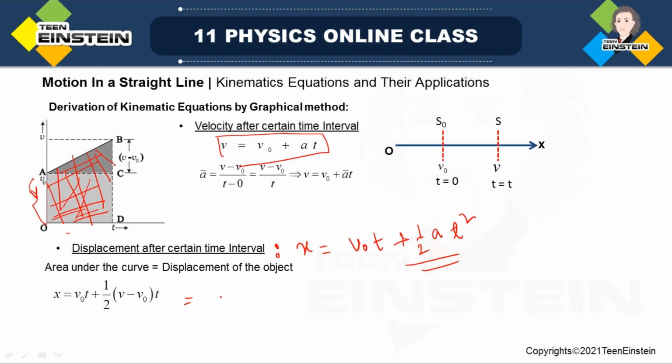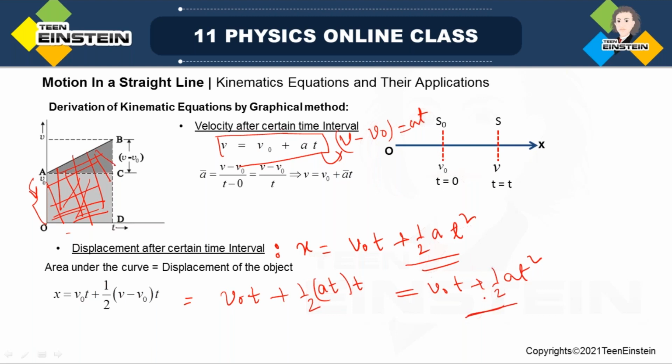So if we put it there, we'll directly get that. v0 into t I'll keep as it is. Then half, what is v minus v0 from here? From this equation, v minus v0 is equal to a into t. So I'll put it here, a t, and you already had one t here. So what you get is v0 t plus half a t square.